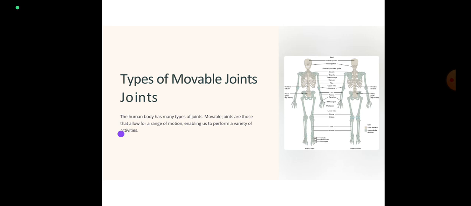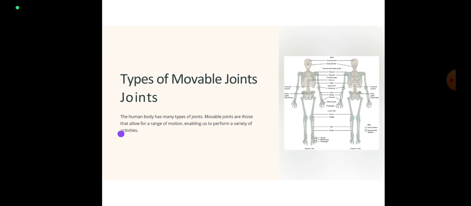A joint is the junction between two or more bones, with the exception of the hyoid bone. Every bone in the body is connected to form a joint. There are 230 joints in the body. A joint is the location at which two or more bones make contact.